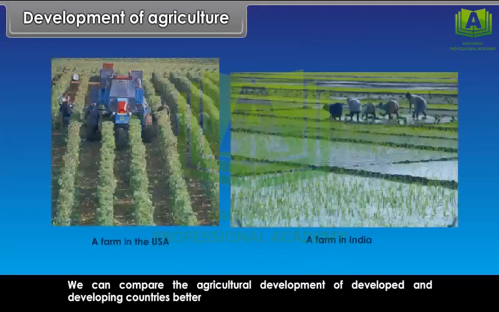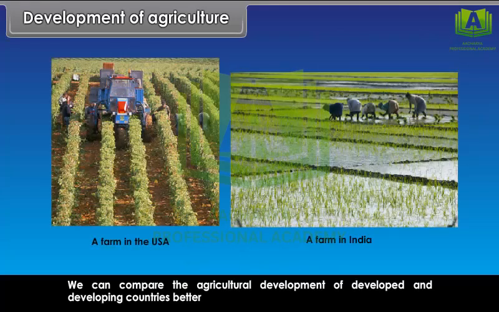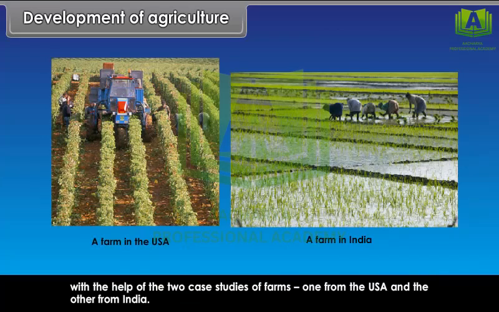We can compare the agricultural development of developed and developing countries better with the help of two case studies of farms, one from the USA and the other from India.